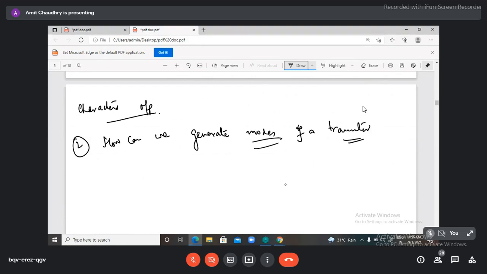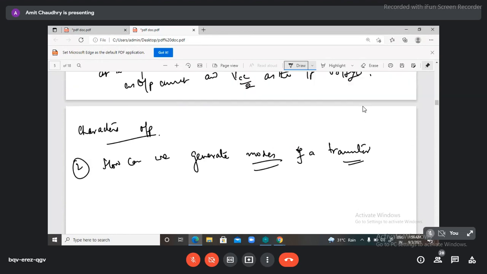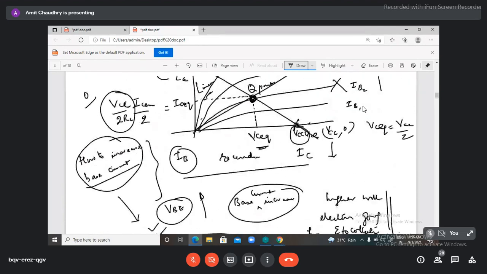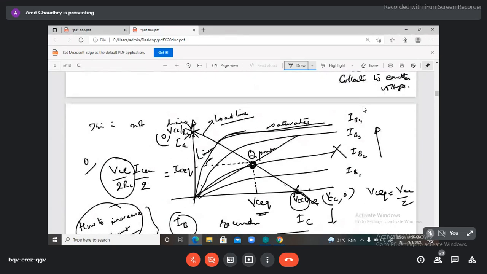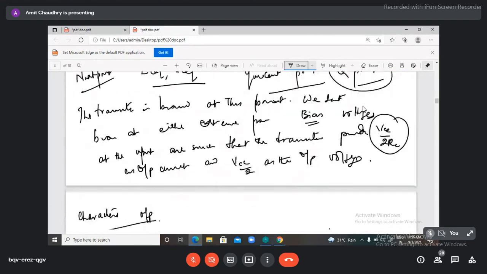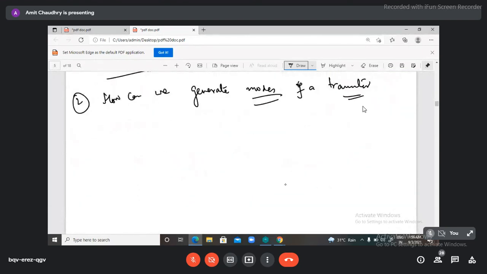What are modes? Now, as we studied these points, this is one extreme point, this is one extreme point, and this is one point. These 3 points are called modes of a transistor.